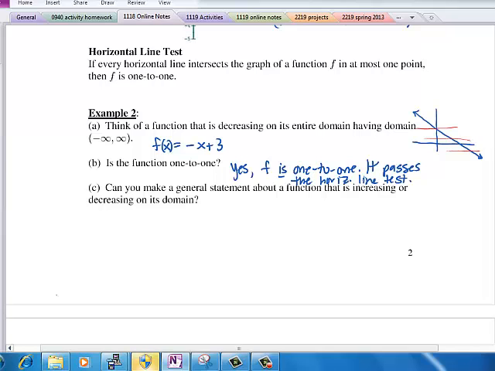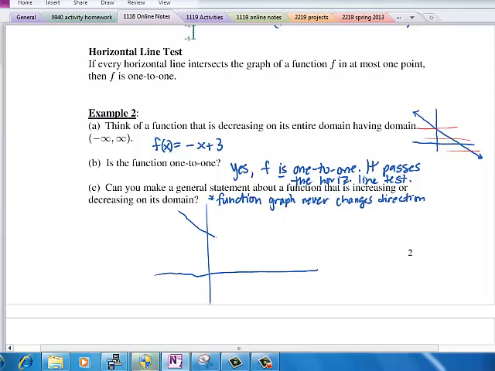And then we want to generalize this idea. If we have a function, maybe we don't even have a formula for the function, but if the function is increasing or decreasing on its whole domain, so it never turns around, so the function graph never changes direction. It's always just going down, even if just slightly.